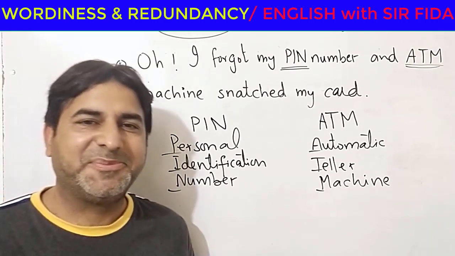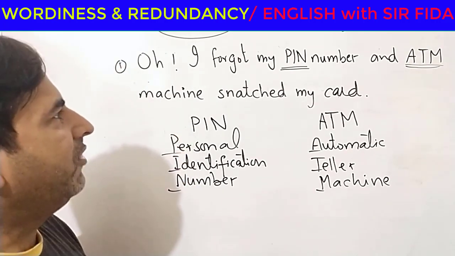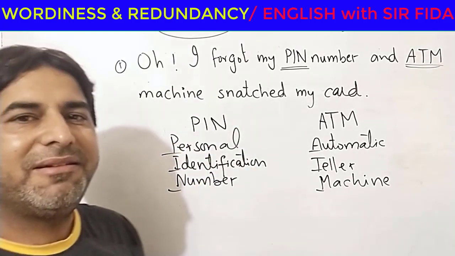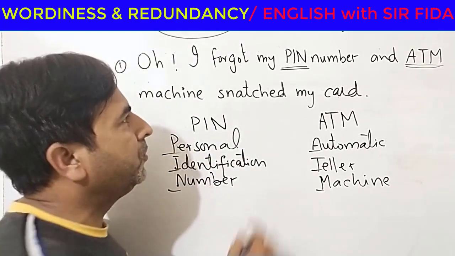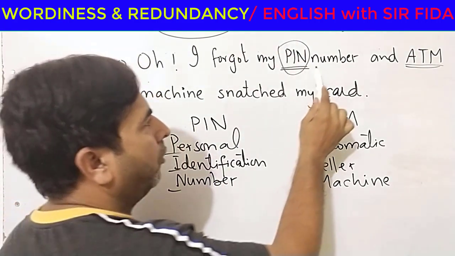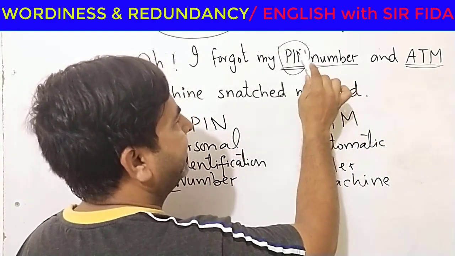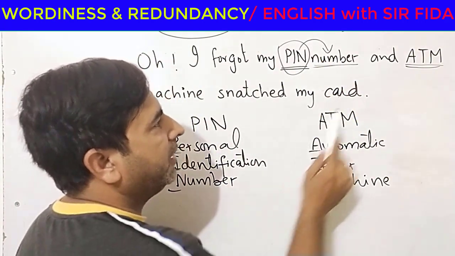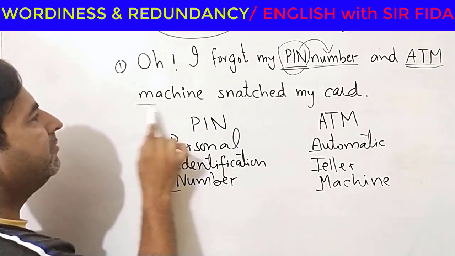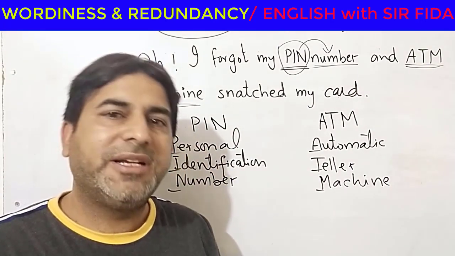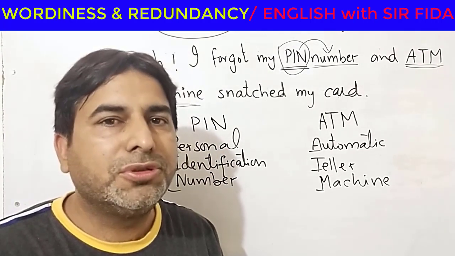Let's read the sentence again. Oh, I forgot my PIN number and ATM machine snatched my card. So if you use any acronym or short form, it is followed by another similar word that is the short form of number. N is the short form of number and M is the short form of machine. This is the overuse of words. So redundancy stands for overuse of words.